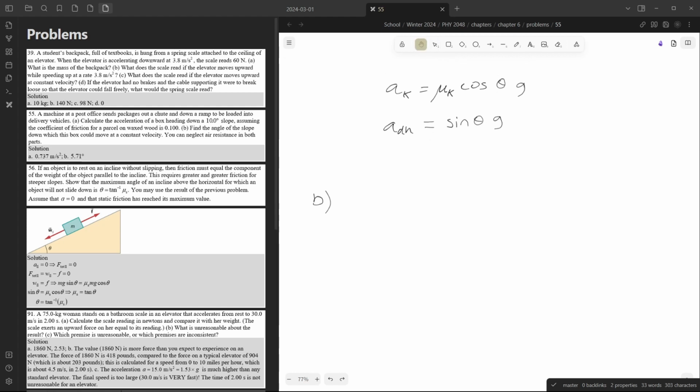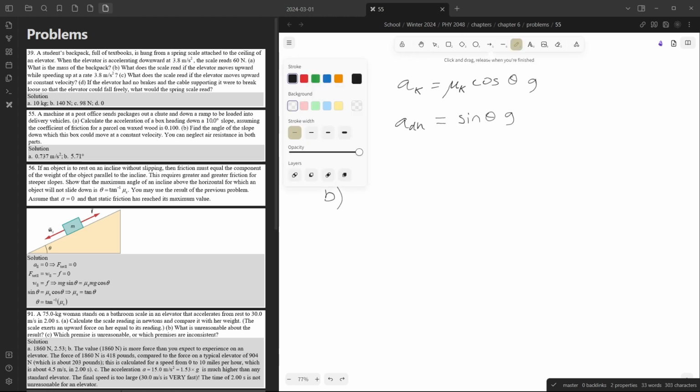If these combined equal 0, that means there's no acceleration, and that means there's constant velocity. Again, we'll treat the downhill direction as positive, which makes sense because friction is always opposite the direction you're going.